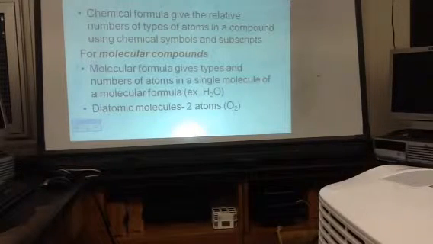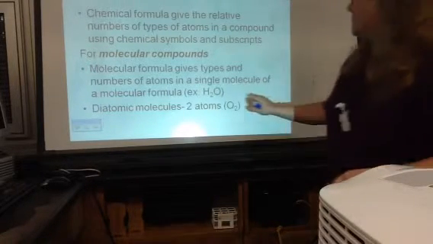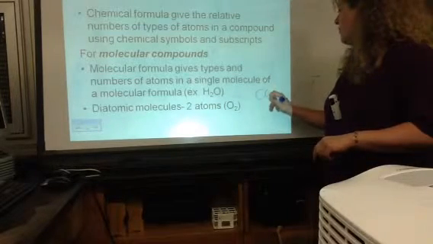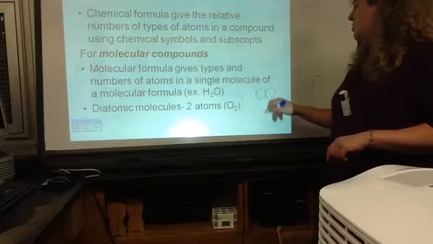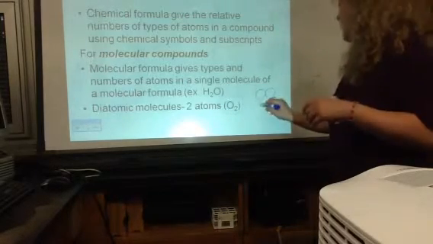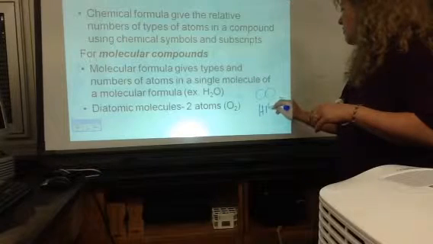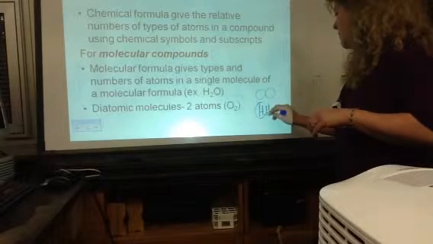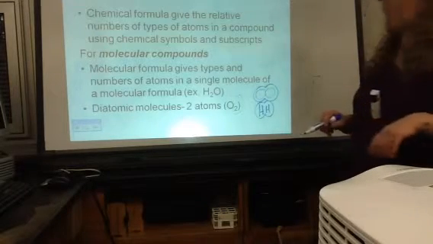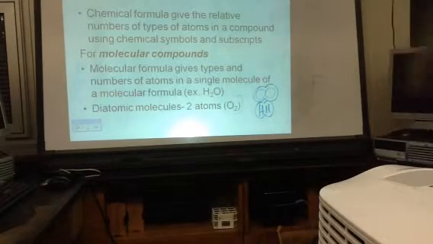So oxygen never runs around alone. When it's on its own, free in nature, it's 2 bonded oxygen atoms. Hydrogen does the same thing, never occurs on its own. When it's on its own in nature, it's always in the form of 2 hydrogens side by side.